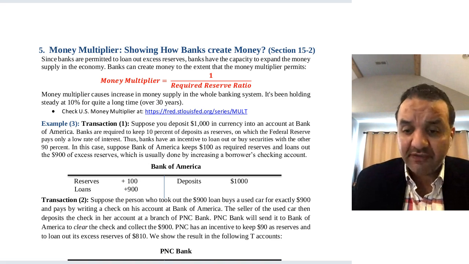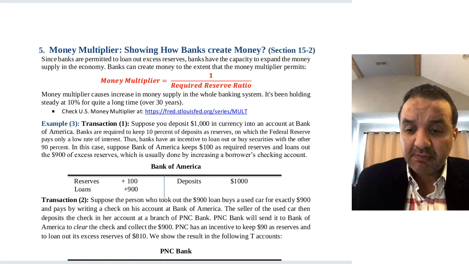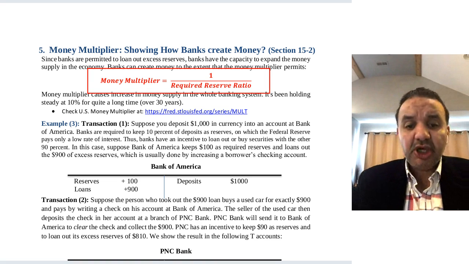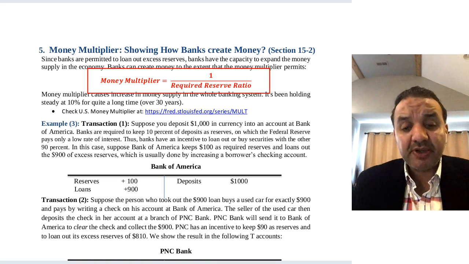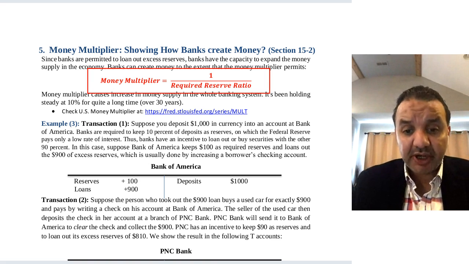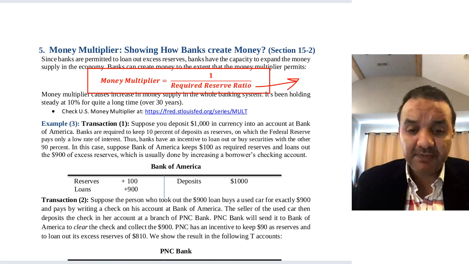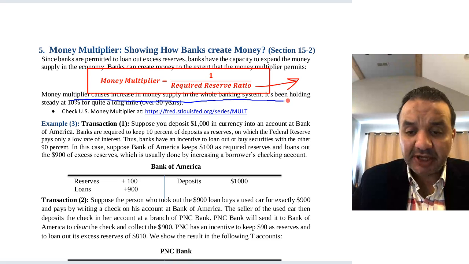So here we have a ratio, which is the money multiplier, 1 divided by the required ratio. I explained the required reserve ratio in the previous video. I said it can be 20%, 10%, 15%, whatever. The money multiplier causes an increase in the money supply in the whole banking system.